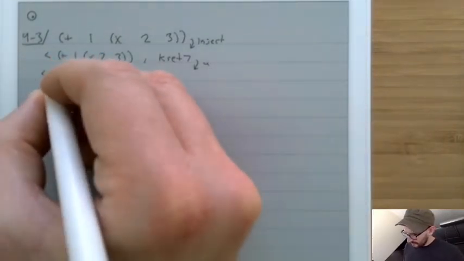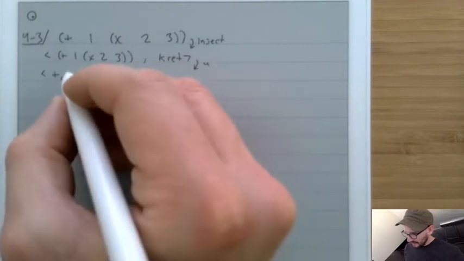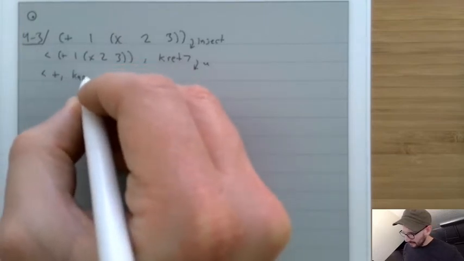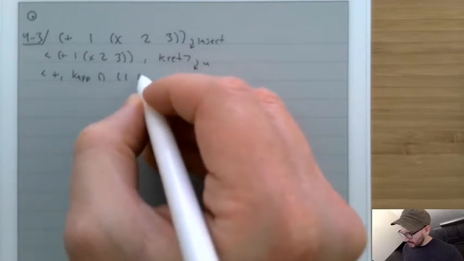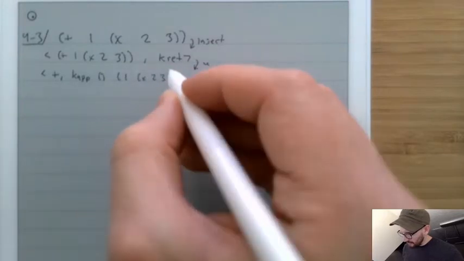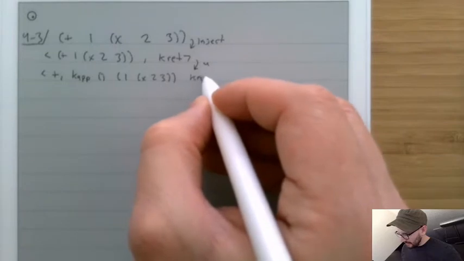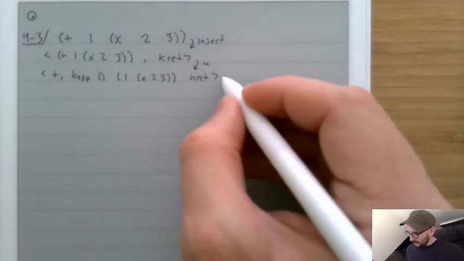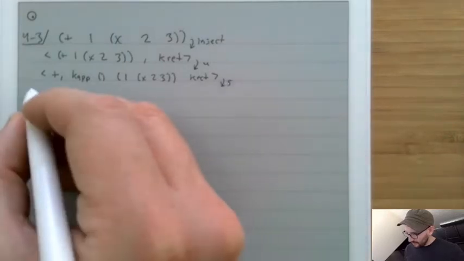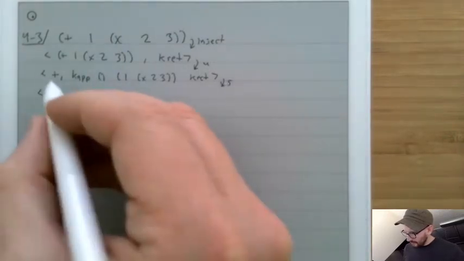And rule 4 says that we have a plus, and then a k-app of nothing, and then 1 times 2, 3 as the expressions, and then k-ret. All right, then we have rule 5, where we swap out the 1 and the plus.